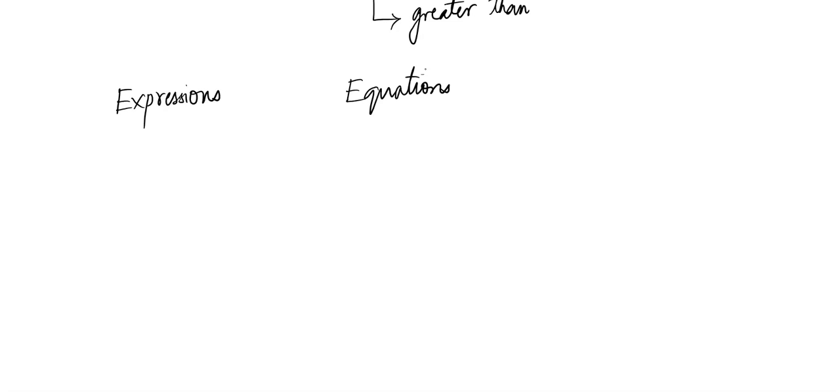But to make it a little more specific, we can use an analogy from English: an expression would be like a phrase. A phrase is a single thought which is incomplete.